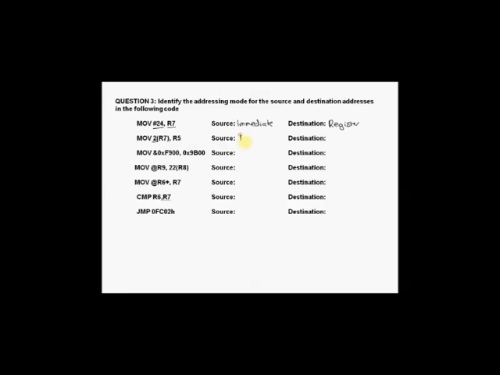So this is index addressing, and once again register. Our next one, we've got our ampersand there, so we're using absolute addressing. And here we don't have anything. Don't be tricked, it's not immediate addressing. If we don't have anything there, it's symbolic.